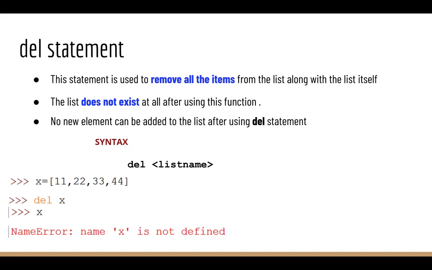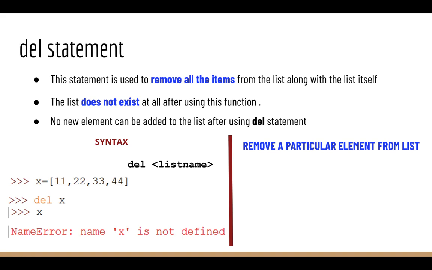Now this statement has another variation. If I want to remove a particular element, then also del can be used. How to use it? del list name, and within the square brackets I'll have to specify the index. So let's consider a list y with the elements 11, 22, 33 and 44.